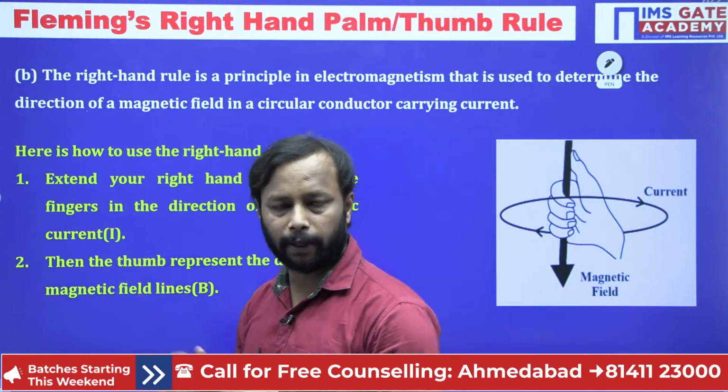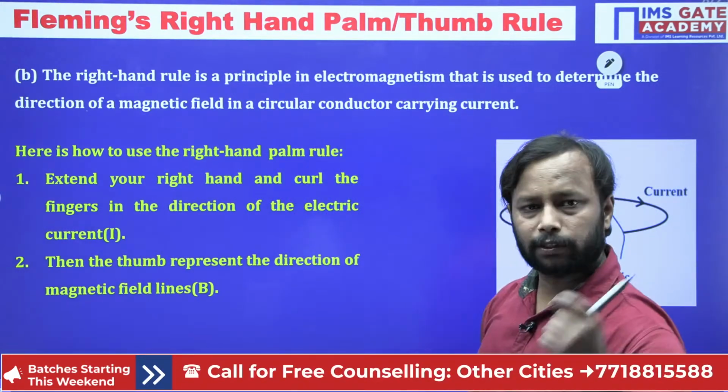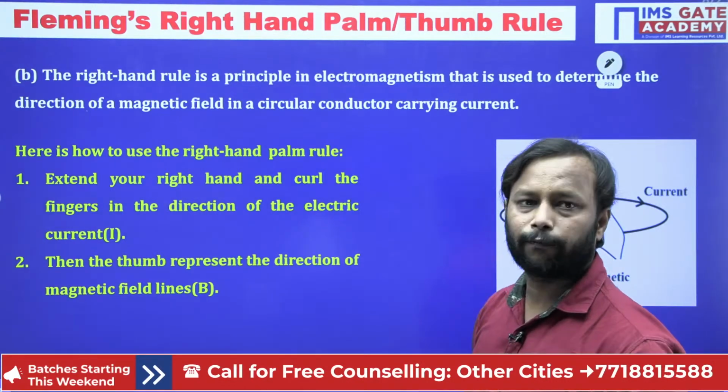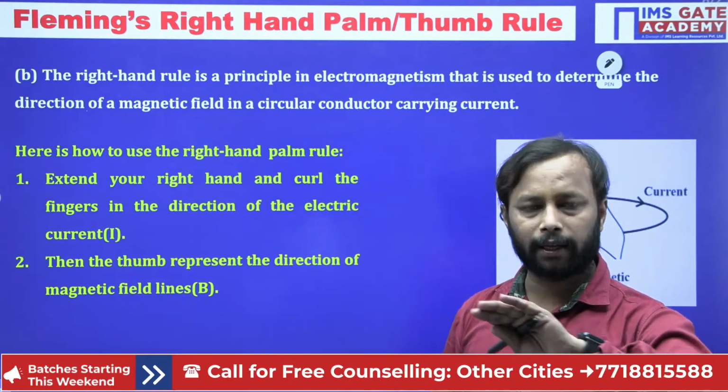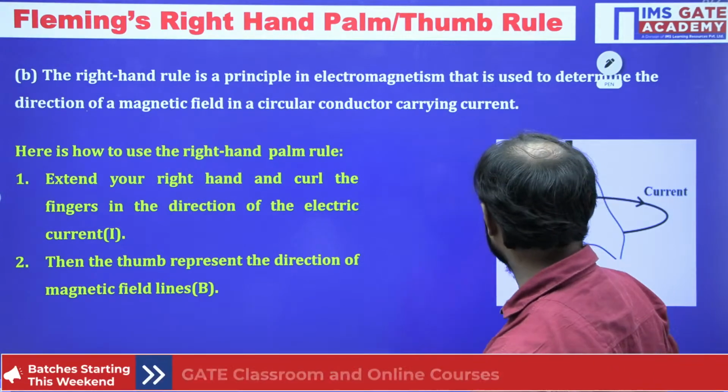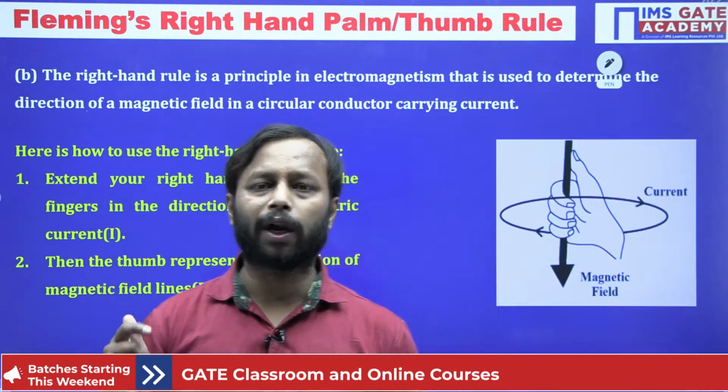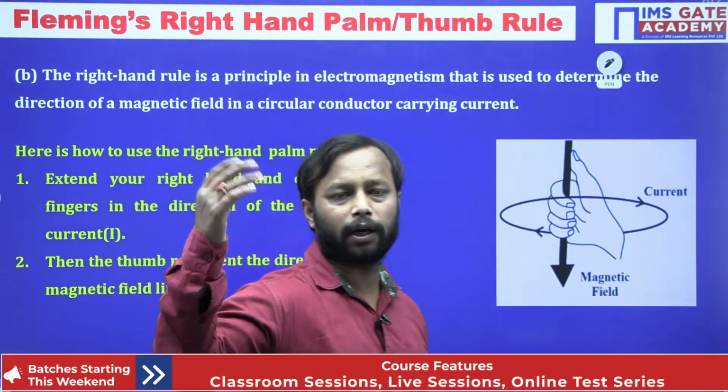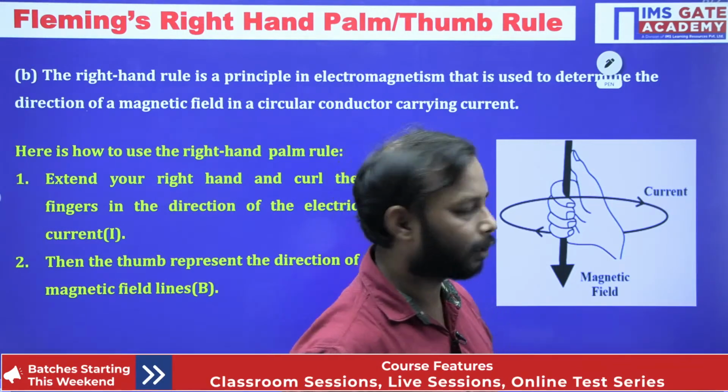Basically the part B of the first rule. We have seen a magnetic field due to a current in a straight conductor. Now let us take a circular conductor and let us flow the current inside that conductor.